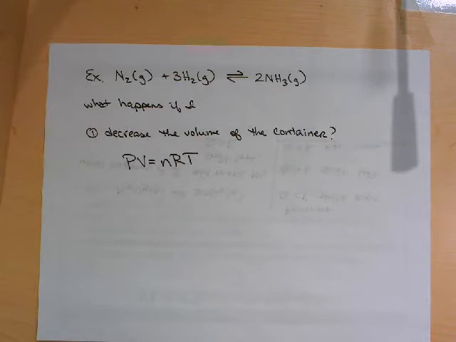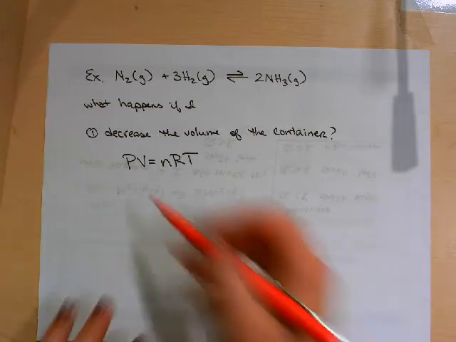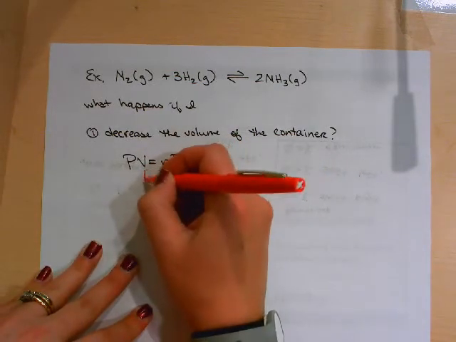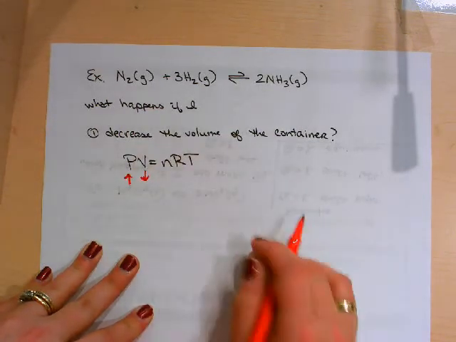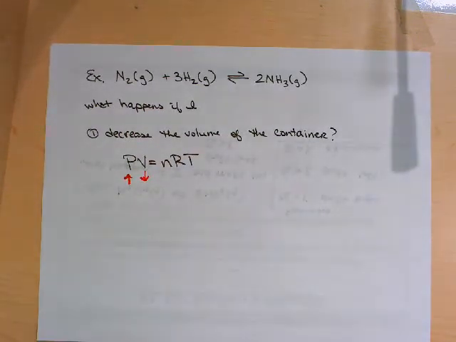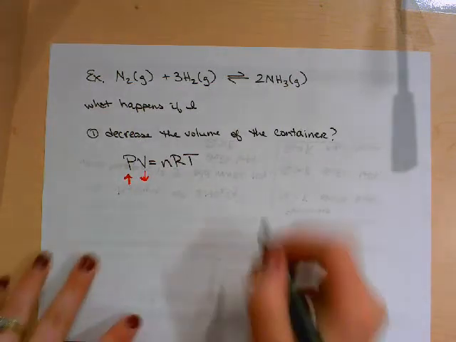So the question is, if I have decreased the volume, what have I done to the pressure? They're on the same side. So if I decrease this, the pressure must have increased. Which makes sense, right? I have the same numbers of things going on inside the flask. I just squish them closer together, so now the pressure's increased.